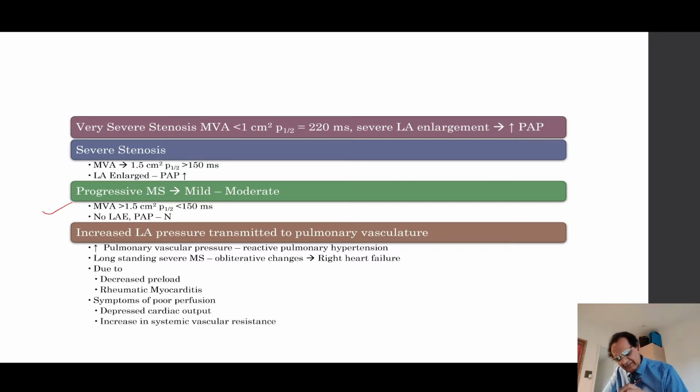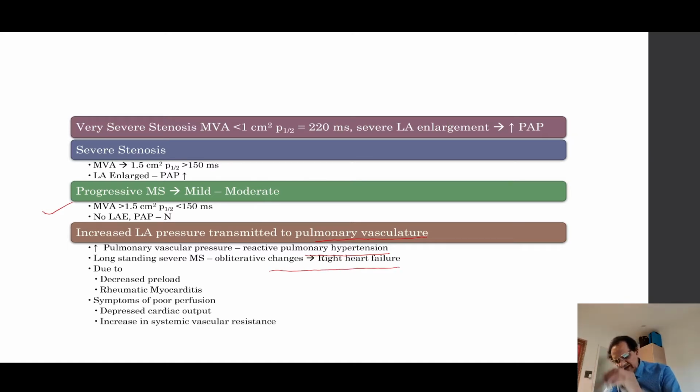Increased LA pressure is transmitted to the pulmonary vasculature. Mind you, the mitral valve is in the immediate vicinity of the pulmonary vasculature, not very distant. So pulmonary vascular pressure causes pulmonary hypertension reactively. In long-standing severe MS, there are obliterative changes causing right heart failure.